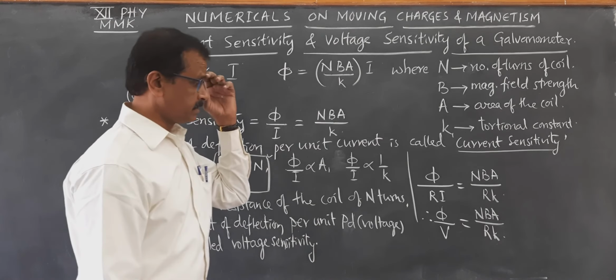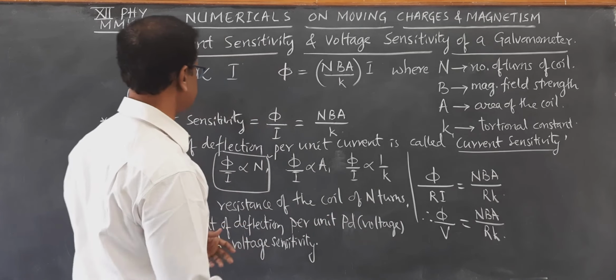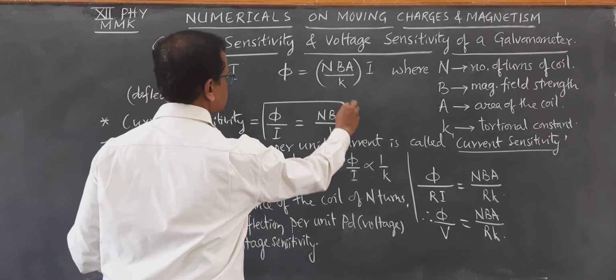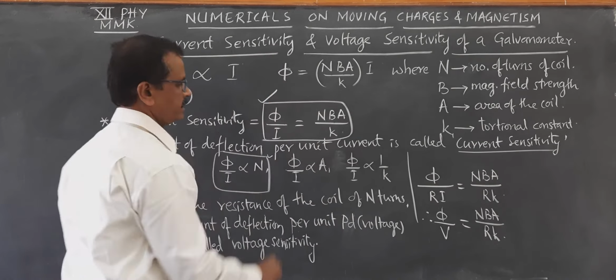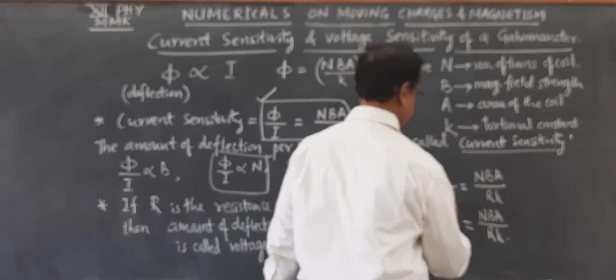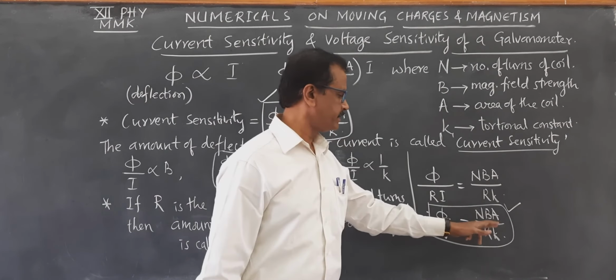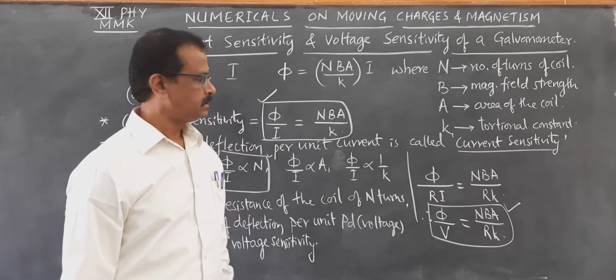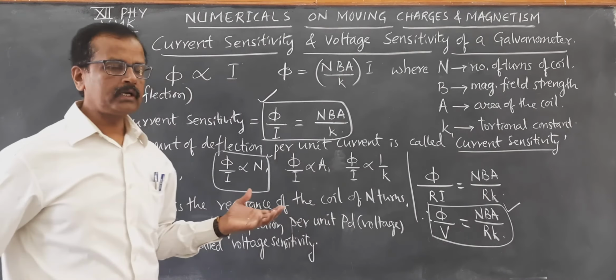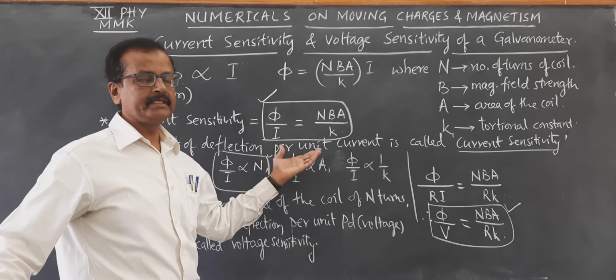Voltage sensitivity. Now look at these interesting equations. One is current sensitivity phi by I, another one is voltage sensitivity phi by V. Here NBA upon K is common, right? Now we have studied the factors on which the current sensitivity depends.